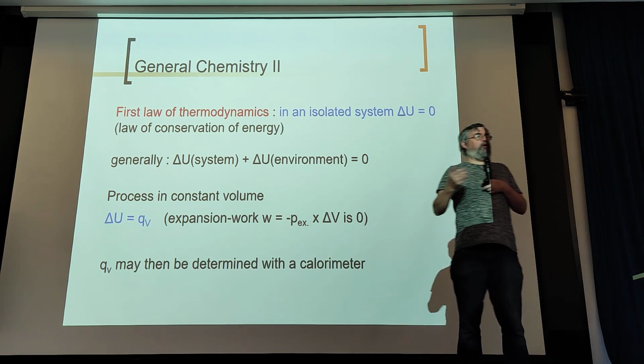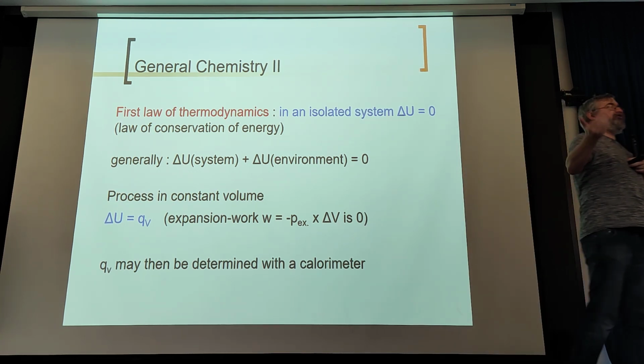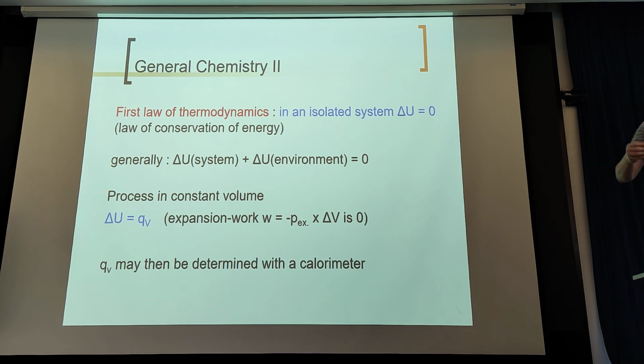It's like what we know in physics by action and reaction. If the system is gaining energy, the environment has to have the same amount, but negatively, to compensate and bring the total energy change to zero.